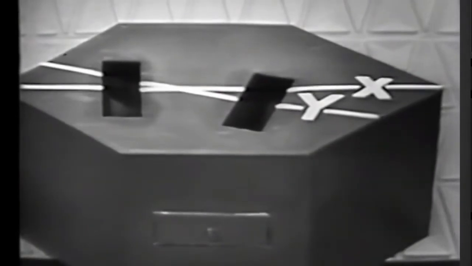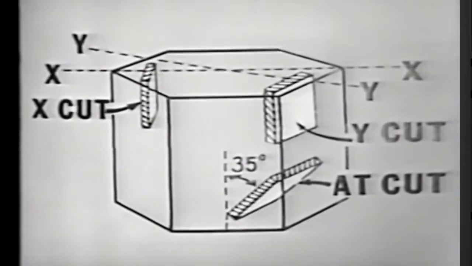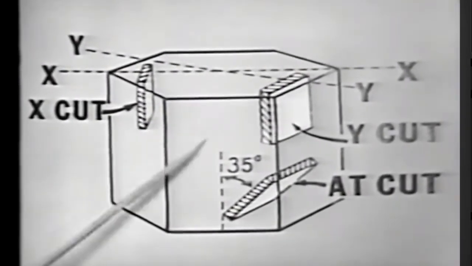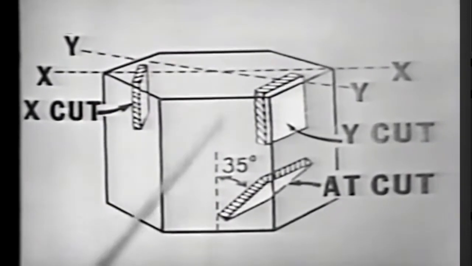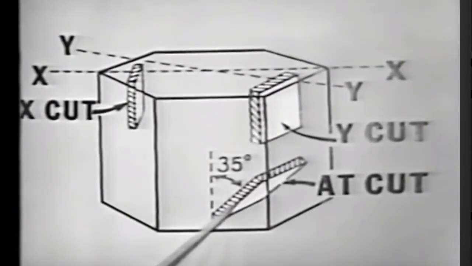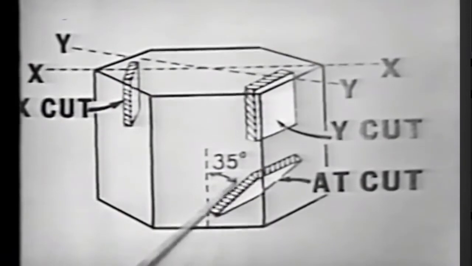Then let's go back to our chart for the third and final cut. Now, this time we're going to cut at an angle from the z-axis. Recall the z-axis passes through the center of the crystal from end to end. And for this cut, we'll cut at a 35-degree angle from the z-axis.